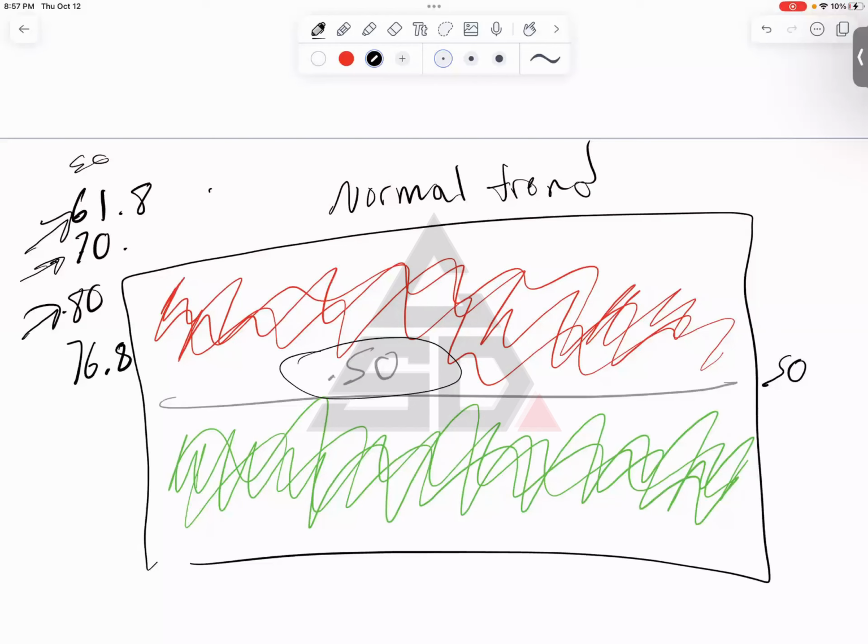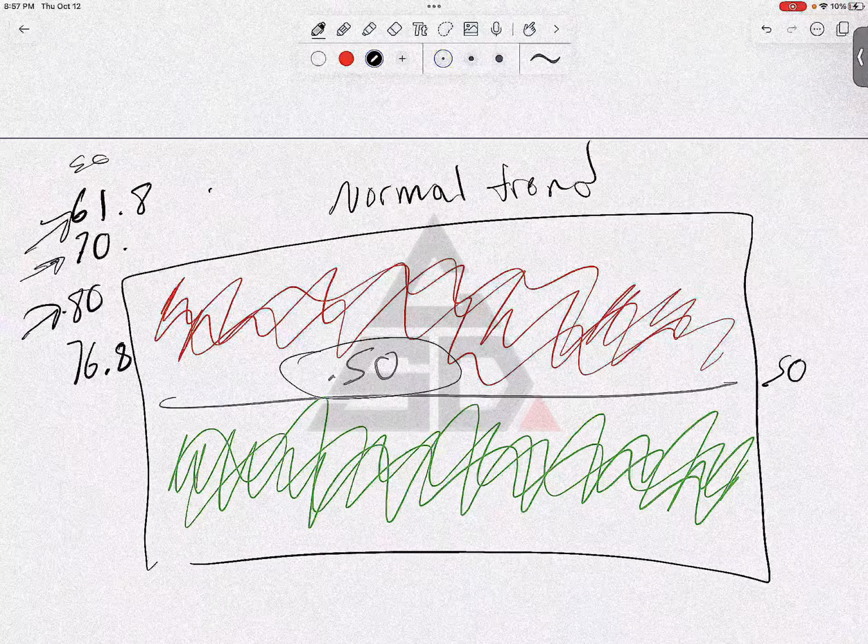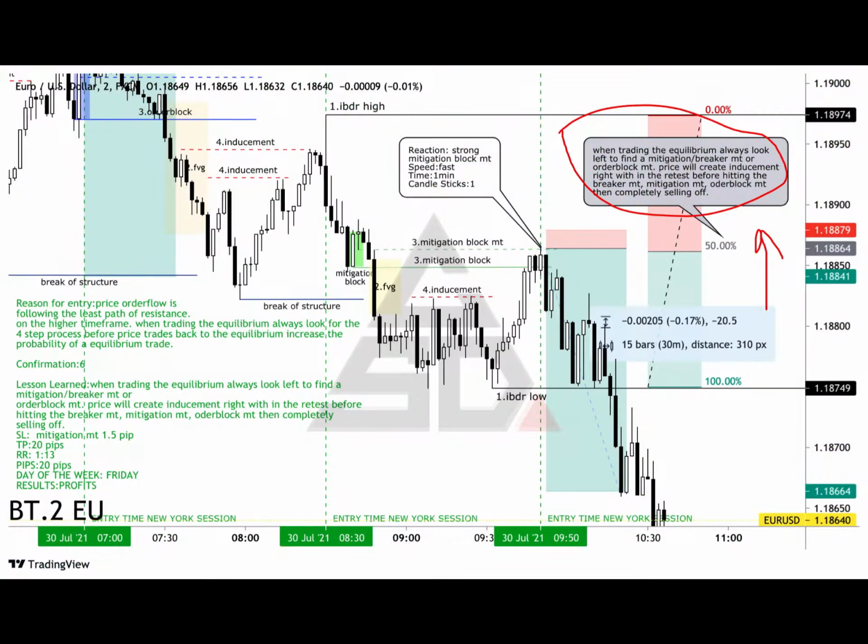That's all I'm saying. And whatever I'm telling you, backtest it.